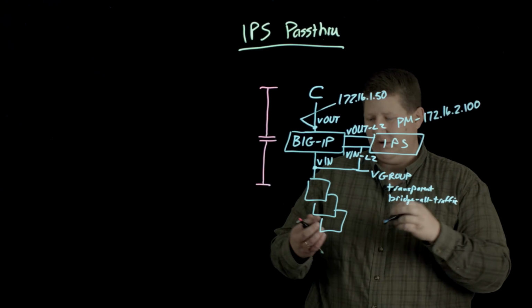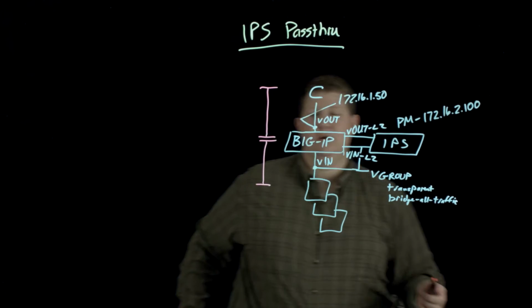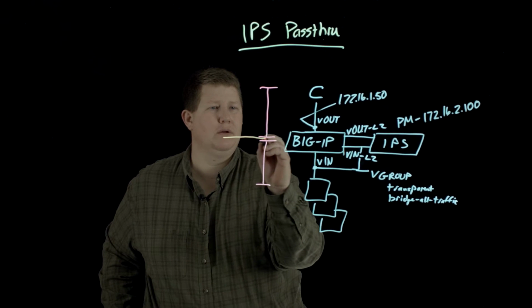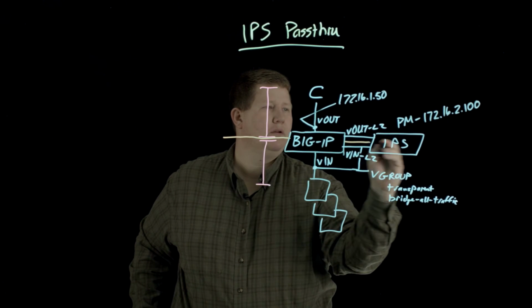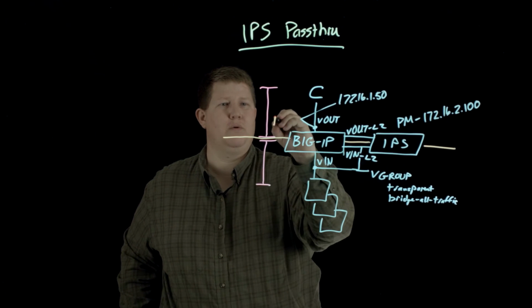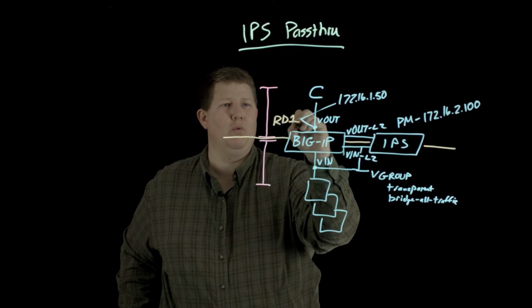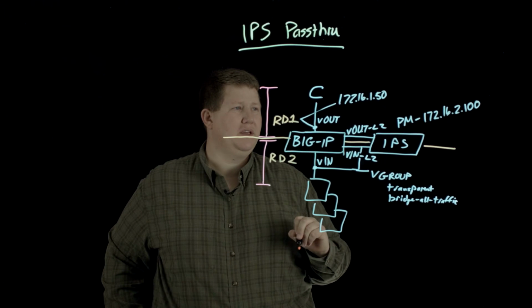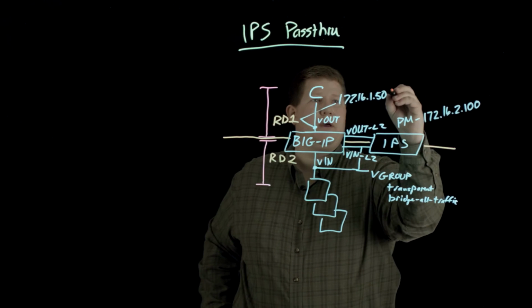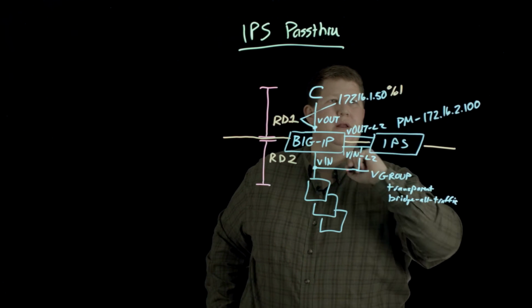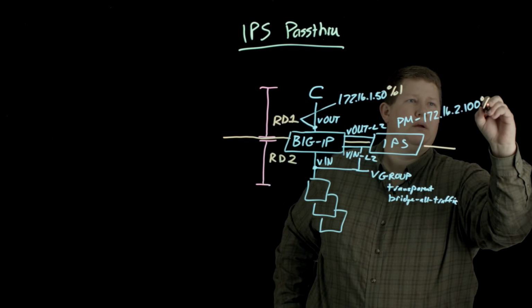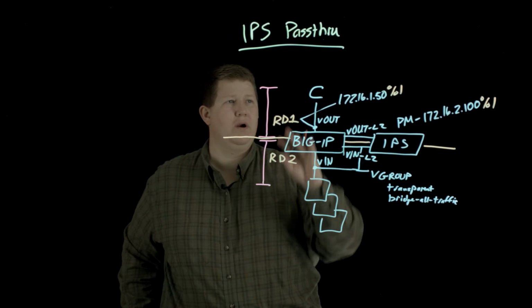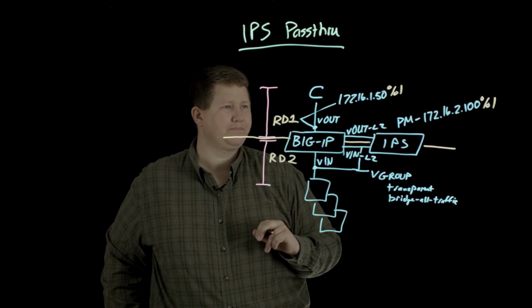We're going to establish route domains for this solution, where RD1 is on the outside and route domain 2 is on the inside. So this becomes %1 for the VIP and the pool member.